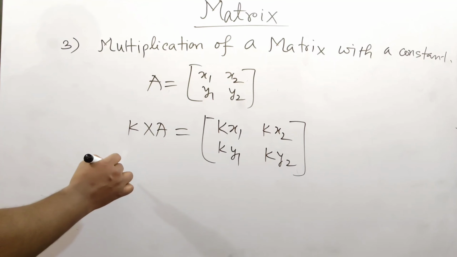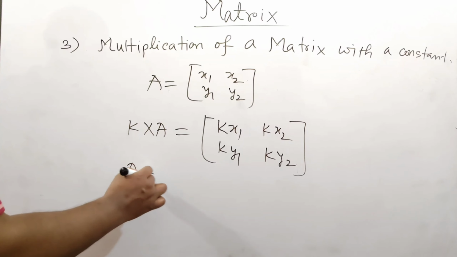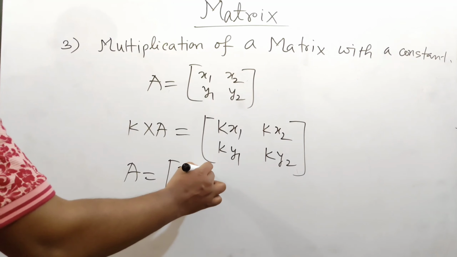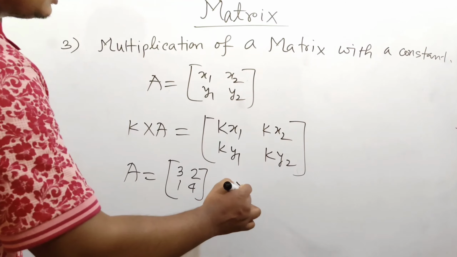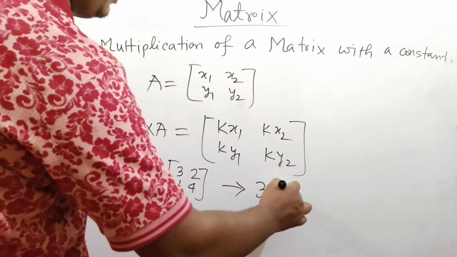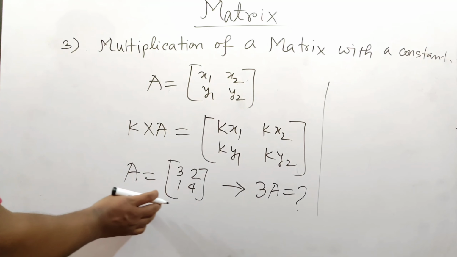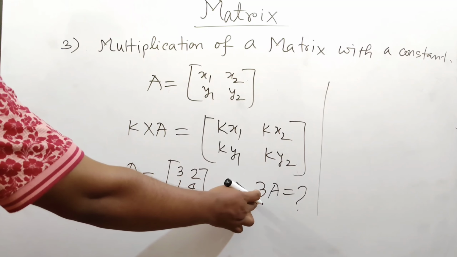Okay, for example, if a matrix is given 3 1 2 4, and the question is 3A equals what, that means you need to multiply this matrix A with constant 3.